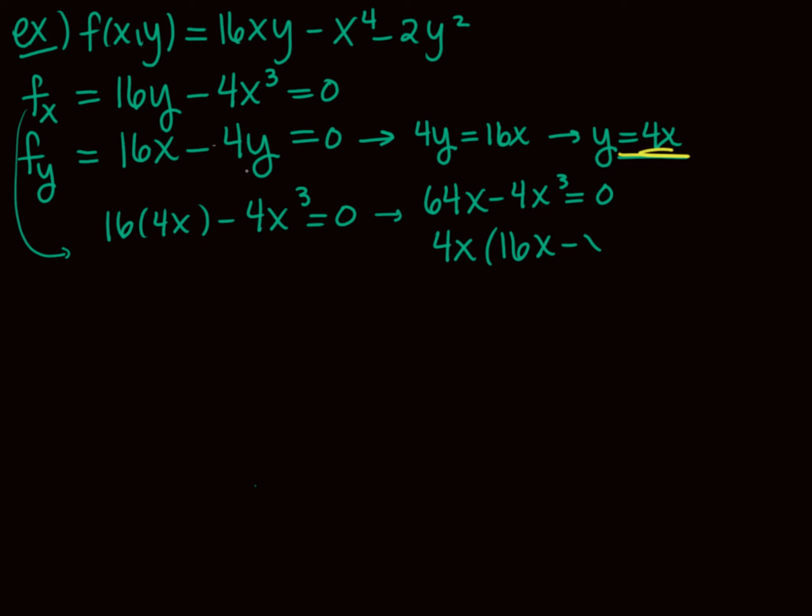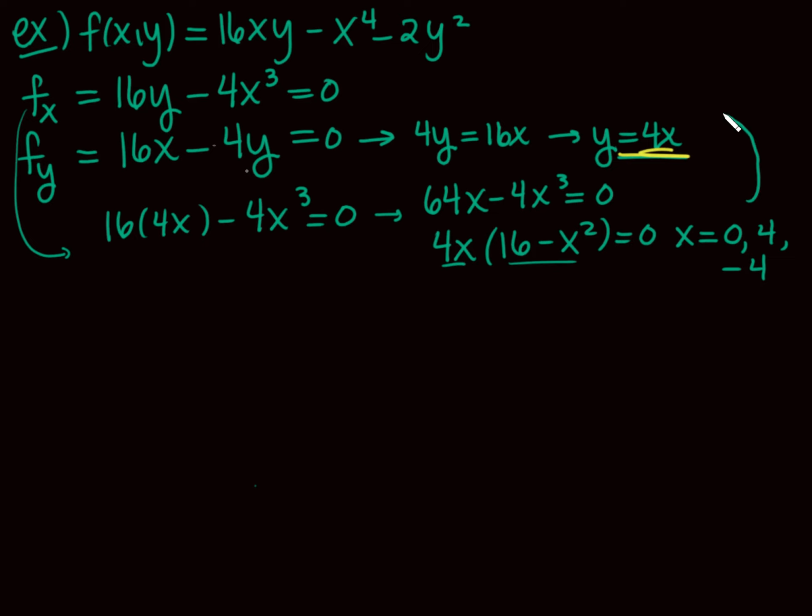Oh, I did this in my class today. Okay, so I would get 16 minus x squared equals 0. And if you set each of these terms, this term and this term equal to 0, here's what I get for x. I get 0, 4, or -4, right? Because when I square root that 16, I need a plus or a minus.